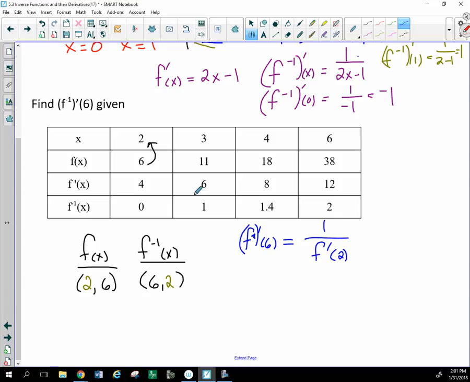So I go to my x value of 2 here, and I find the derivative at that value. And so the derivative of the inverse at 6 is going to be 1 over 4, because that is the derivative of f of x at 2. That's the way these need to be worked out as we go through this.